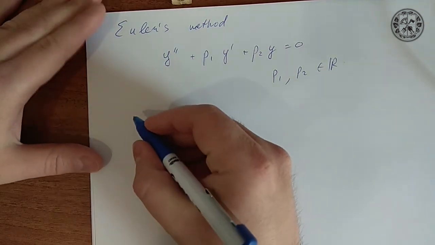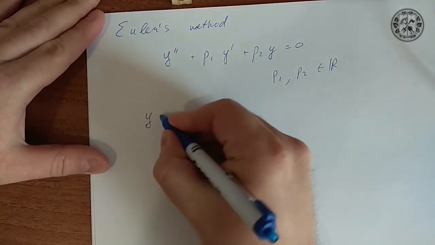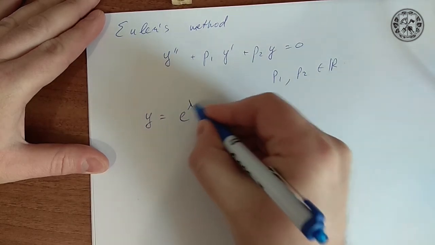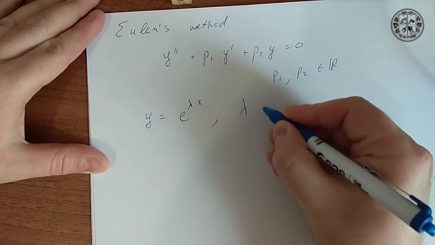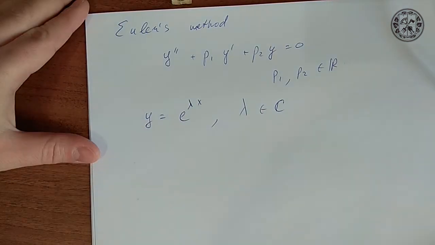According to Euler's method, we will find them in the form y equals e to the power lambda x, where lambda is a complex constant.